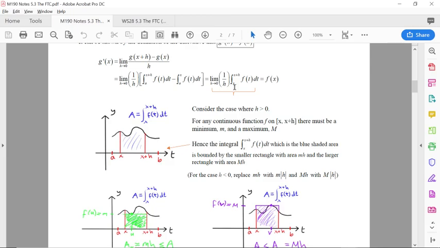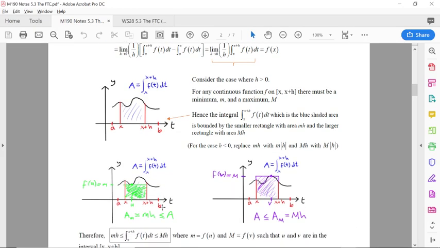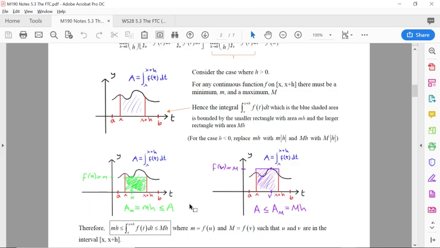So the integral from x to x plus h of f of t dt is greater than the area calculated as m, which is the height of this rectangle, times h. M times h is therefore a lower bound for the actual integral. Lowercase m times h.